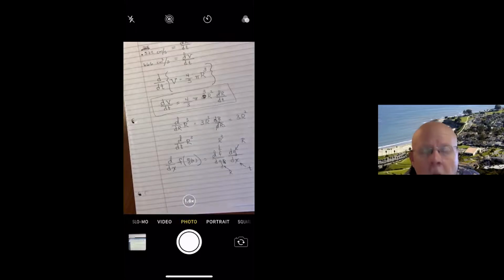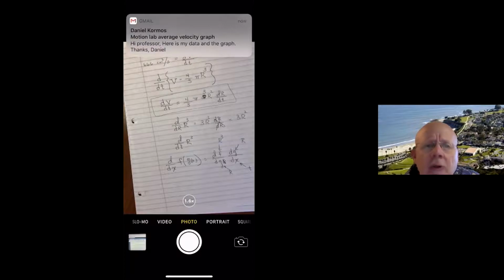Some people have scanners, so they're going to print the lab manual, write it out, scan it, make it a PDF and send it, and that's good too. Some people are going to take a picture and then they have this little app that converts it. I should learn what that is so I could share with you guys.